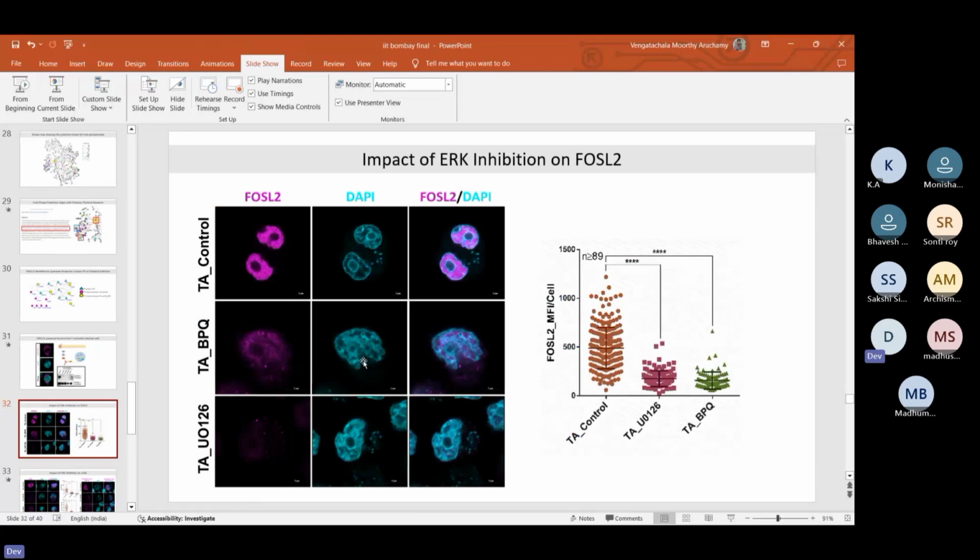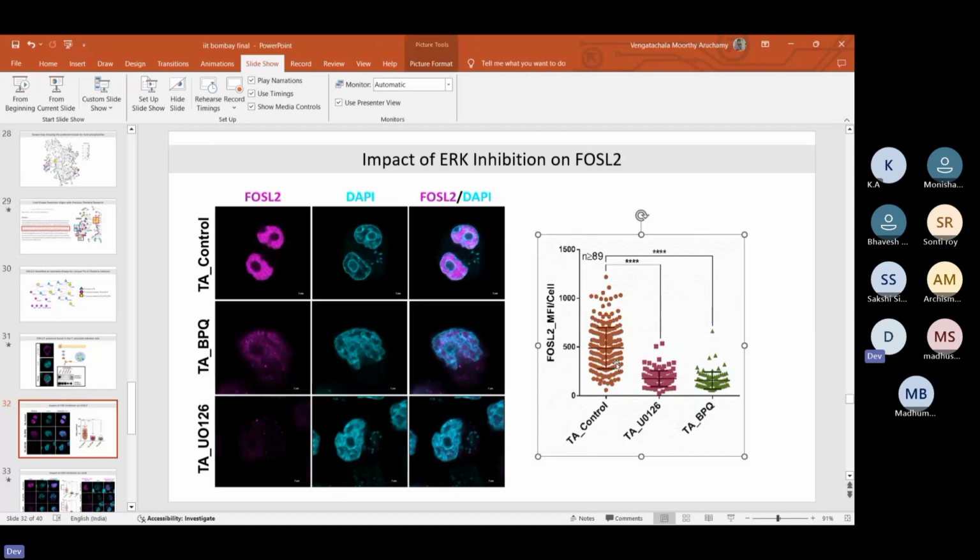First, starting with FOSL2, which is one of the AP1 transcription factors, this IFA shows that the expression of FOSL2 is very high in the infected samples. When you treat them with U0126, which is targeting ERK1/2, the expression drastically reduces. Even upon clearance of the parasite by using BPQ, there is also a reduction of this FOSL2 expression.